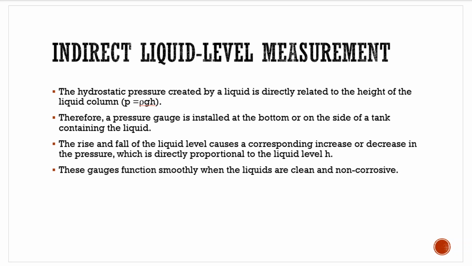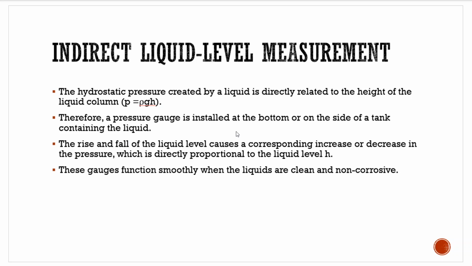We know that hydrostatic pressure caused by a liquid is directly proportional to the height of the liquid column, which we have studied in secondary school. P is equal to rho g h, and therefore we can use a transducer to measure pressure. A pressure gauge will be installed at the bottom or on the side of the tank.